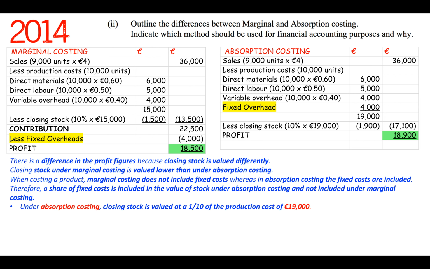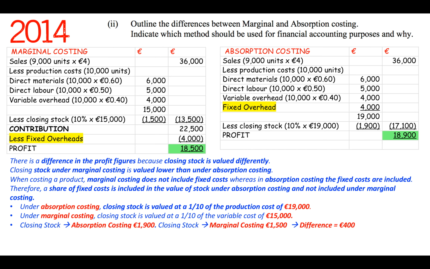Under absorption costing, closing stock is valued at 1/10 of the production cost of €19,000. Under marginal costing, closing stock is valued at 1/10 of the variable cost of €15,000. Closing stock under absorption costing is 1,900.